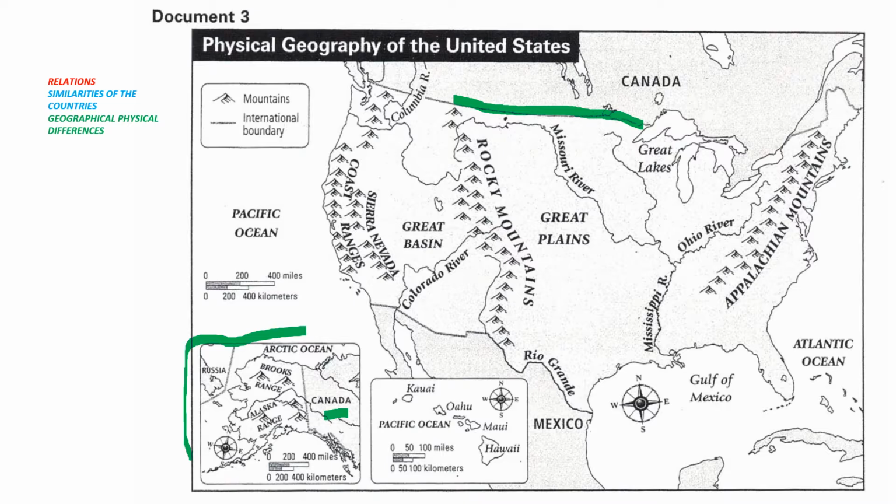You'll also notice that these mountains that run here, some of these rivers, etc., that run up through here, you'll notice there's a river that comes right off of here that goes right into Canada. So there are some similarities and differences in the physical geography that one can learn from this particular document. So it's quite possible that these are the two areas you might use this document for.